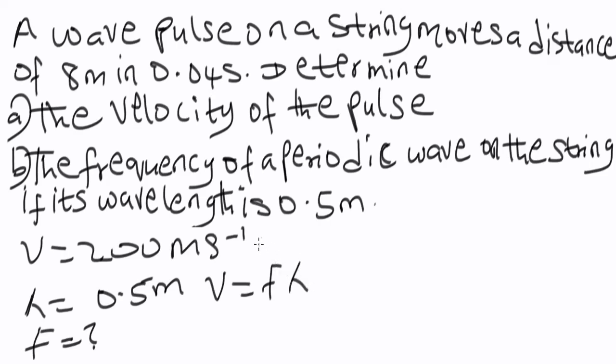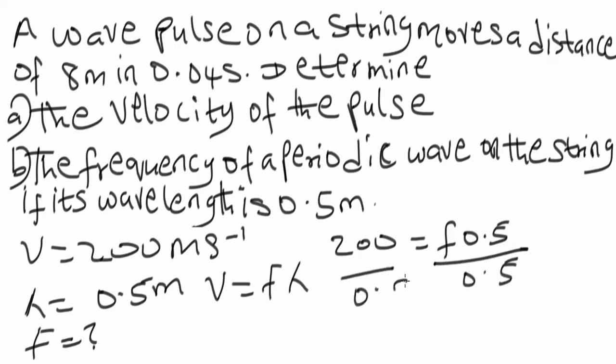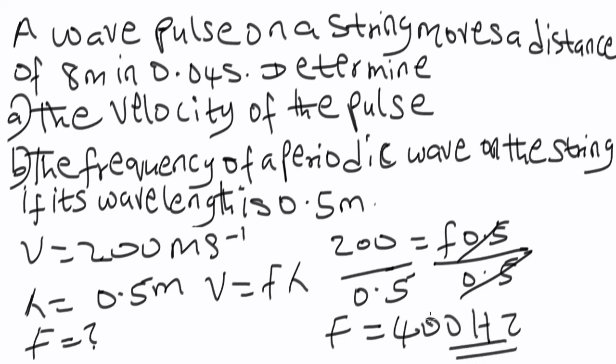To solve this we are going to substitute the values. It's going to give us 200 equals frequency times 0.5. So you divide both sides by 0.5. Frequency will now be 200 divided by 0.5, which will give us 400 hertz, and that will be the answer.